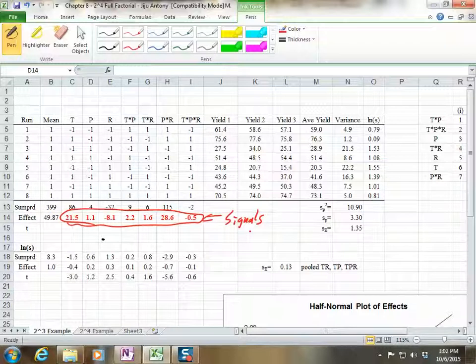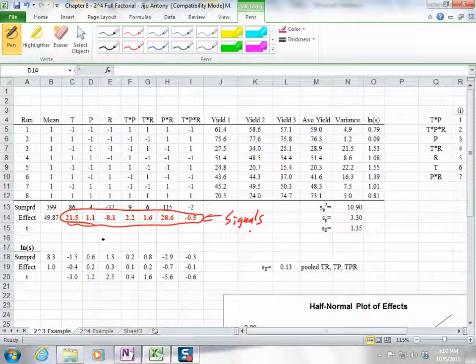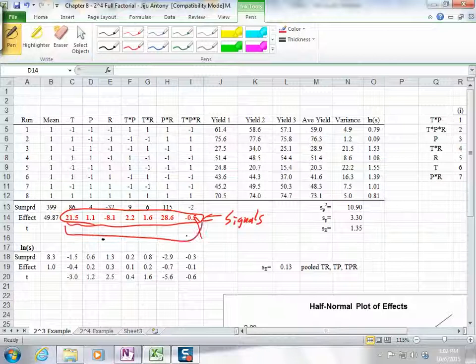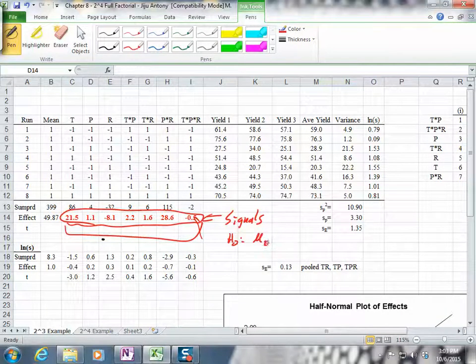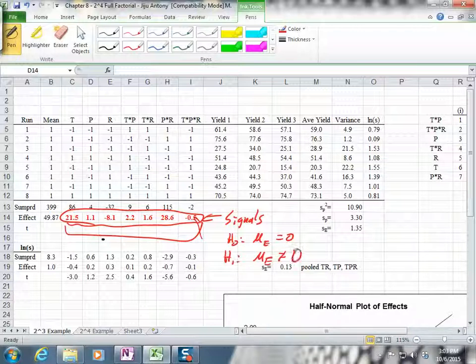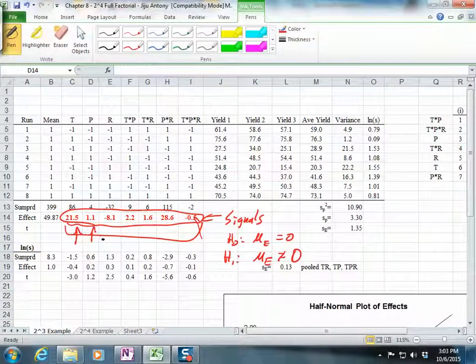But we're going to do it all very quickly in one Excel function copied over. But that's what we have to do. We have to do these hypothesis tests. We have to test whether the mu of this effect is 0, or the mu of that effect is not 0. And we're going to do that for each one of these.